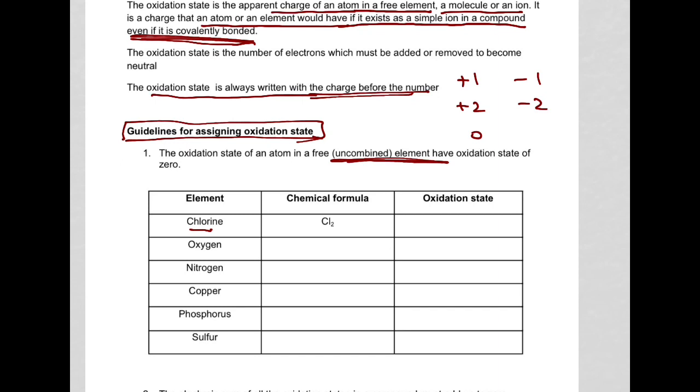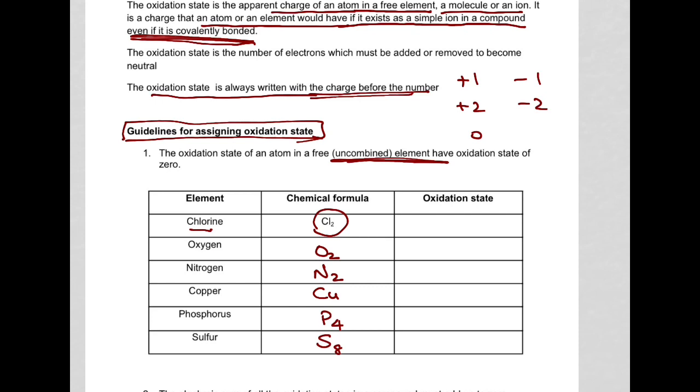It's combined with chlorine, but it is still in the elemental state. Oxygen, O2, nitrogen, N2, copper, phosphorus, sulfur. Phosphorus actually exists as P4, and sulfur exists as S8.